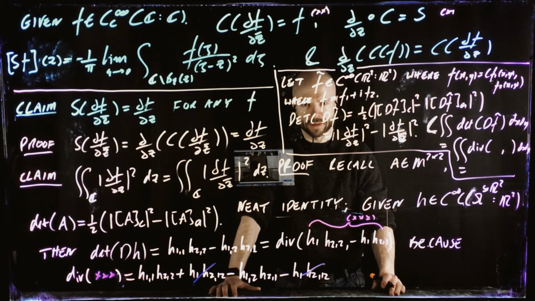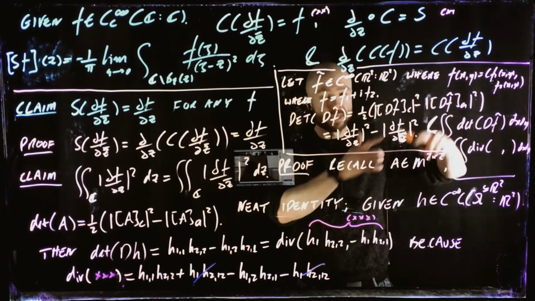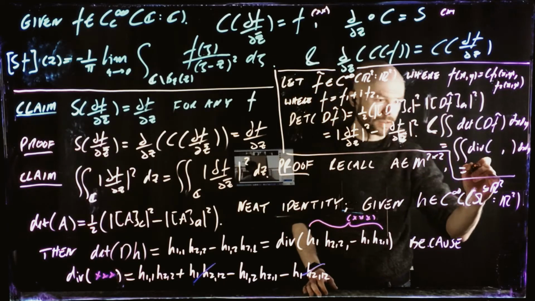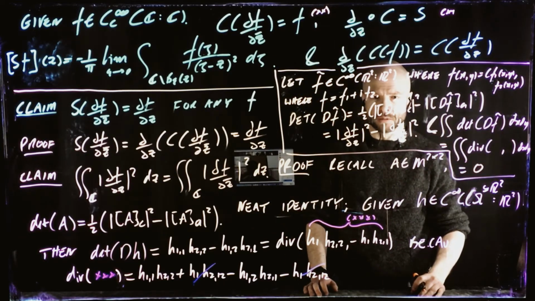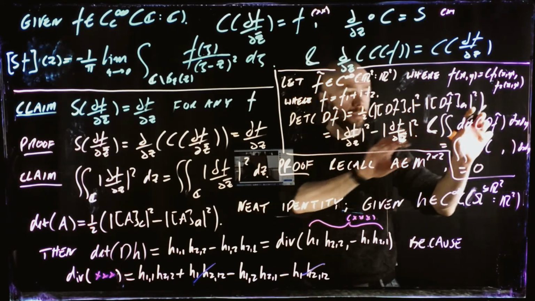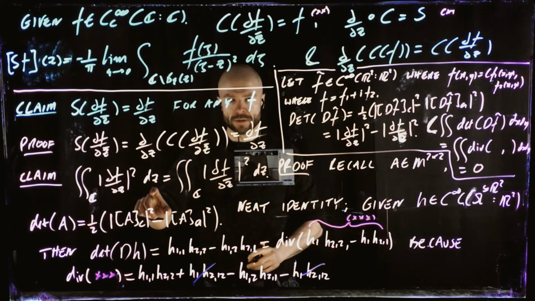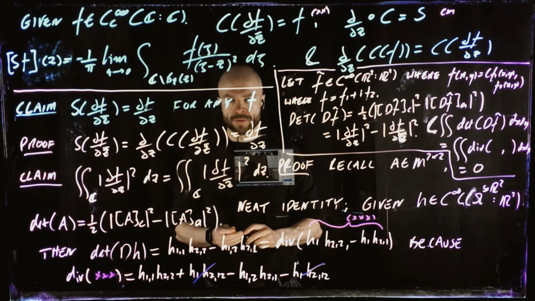Right, the function is compactly supported. So whatever large boundary we decide to take, it's just vanishing, so this is 0. Cool. So this exactly says that the integral of this thing, which is the integral of this thing, is 0, and that's exactly our claim. Everybody with me?